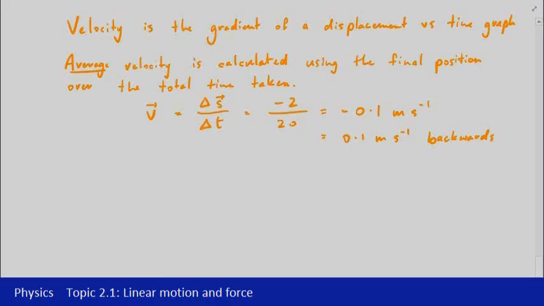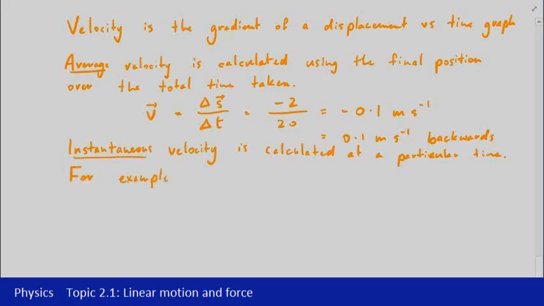So that would be the average velocity. The instantaneous velocity, similarly to instantaneous speed, is calculated at a particular point in time. So if we use the 18-second mark, at t is equal to 18 seconds.